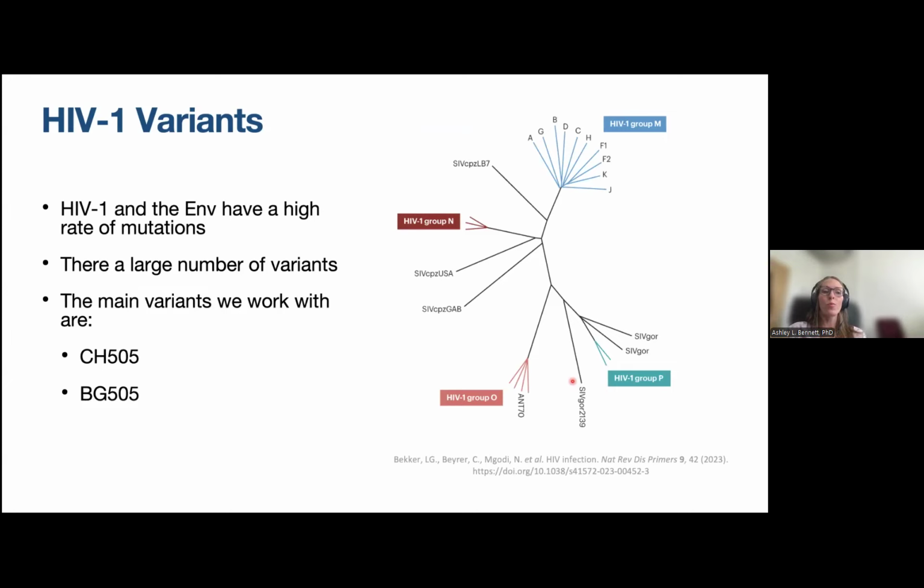We also work on stabilizing these proteins for vaccine design. One of the stabilized constructs that we're going to be showing data for today is a disulfide stabilized construct called the CH848. So you'll hear me refer to the CH505 strain, BG505 variant, or CH848. These are all HIV-1 envelope, either different strains, for CH505 or BG505, or a different design for a vaccine, for CH848.